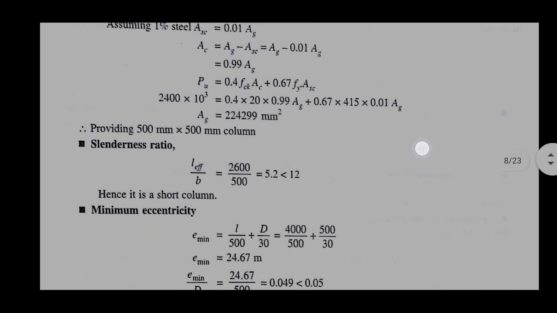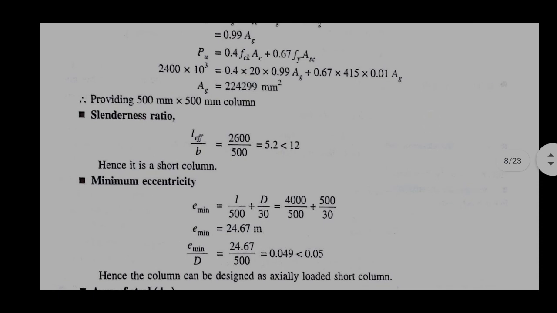Now, the next step is minimum eccentricity. For minimum eccentricity, we know that it is equals to L by 500 plus D by 30, that is equals to 4000 by 500 plus 500 by 30, that is equals to 24.67.